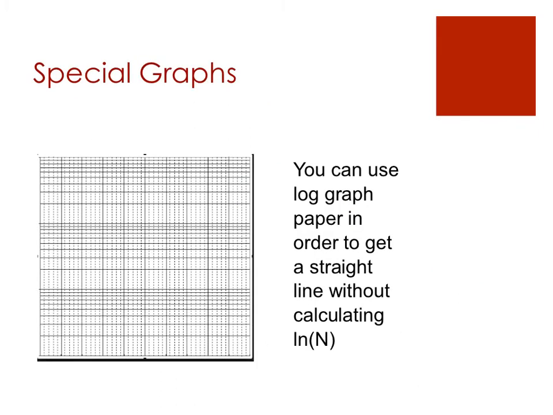Now, one of the things we also have to pay attention to is, on one hand, we can calculate the values of natural logarithm of the number of nuclei and graph it like I was talking about in the previous slide. But we didn't always have super fast calculators to do that for us. So what we've got here is something called log graph paper.